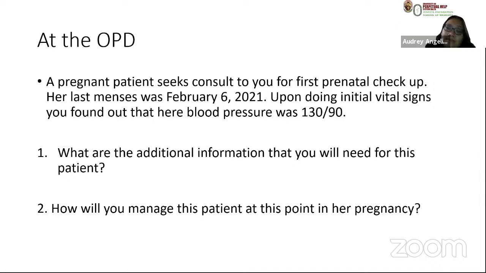Maternal age, ma'am. Maternal age, that's correct. Okay, what else? So you ask for the age, you ask for gravidity and parity. Of course, we ask for the other things, but in a hypertensive patient, these are the things that we should focus on. Okay, what else? We can ask whether the patient is obese or not.